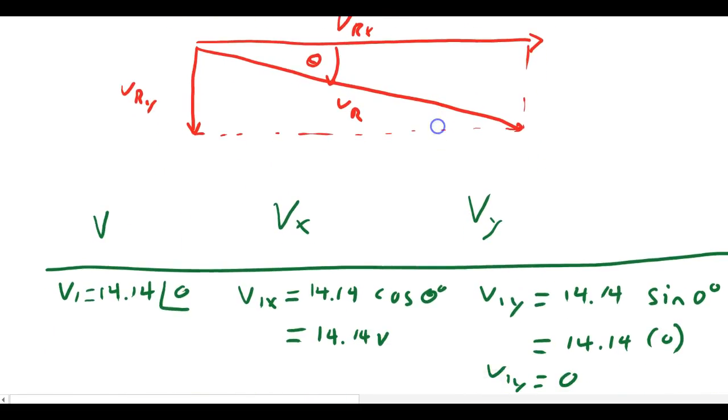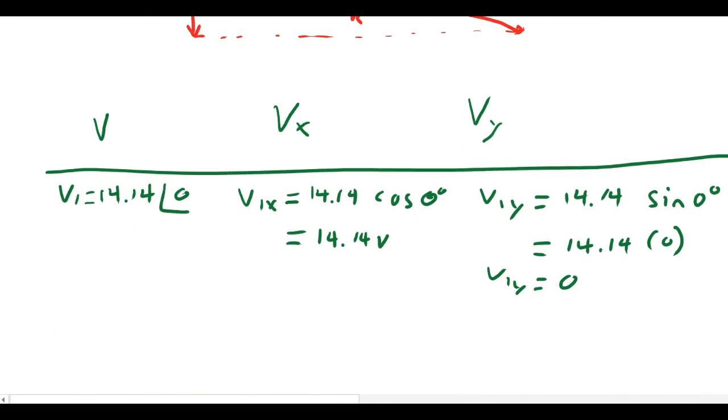And so let us think about V2 equals 7.07 at an angle of negative 60.